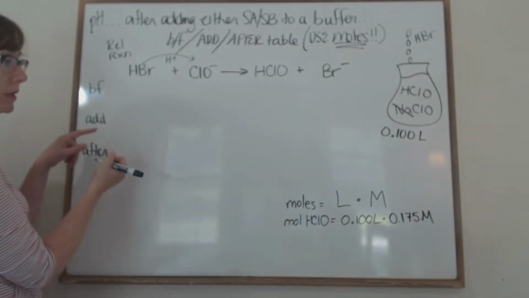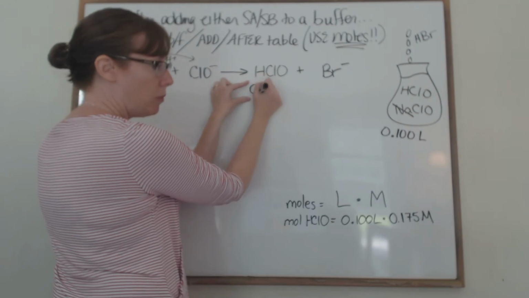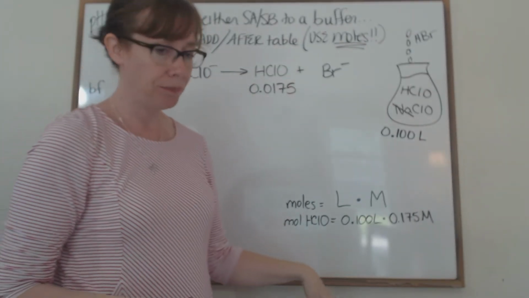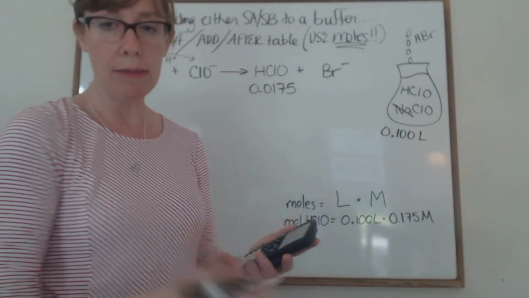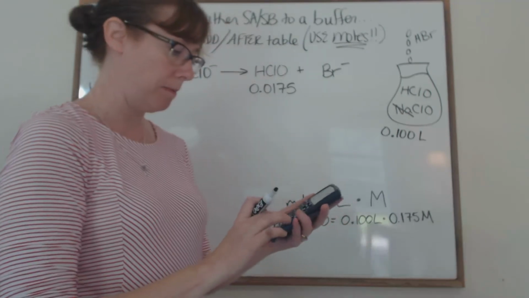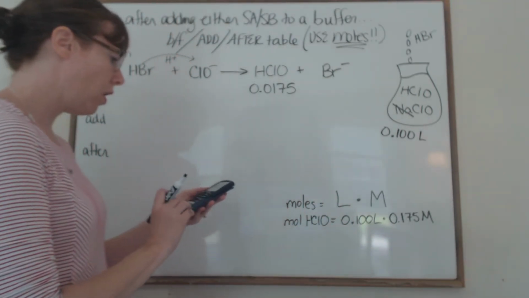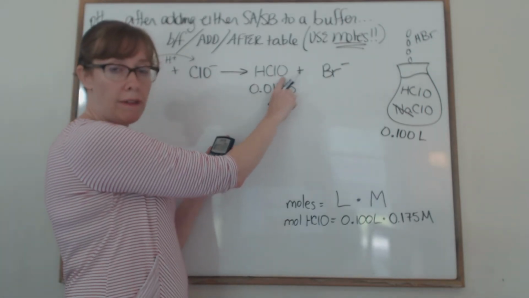And so the moles of HClO right here is 0.0175. I did that in my head, but you can just do 0.175 times 0.1, and you will get 0.0175. So that's the moles of HClO before I've added anything.